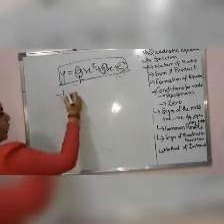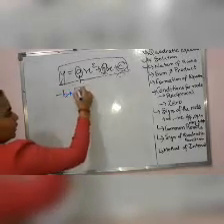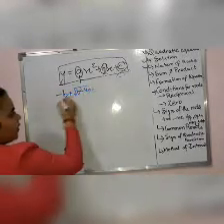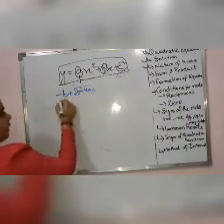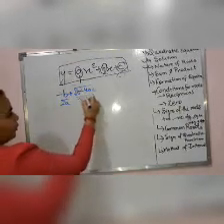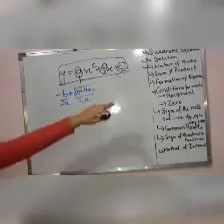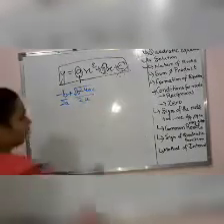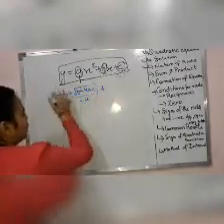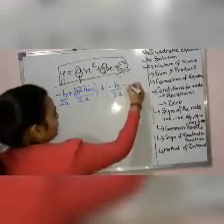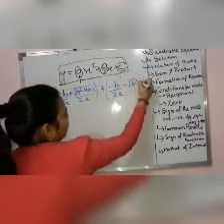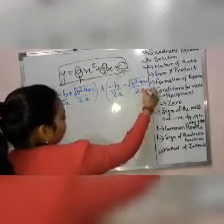Let us see what will happen. One root was minus b plus under root of b square minus 4ac upon 2a. Can I write it separately? Over here I can write upon 2a, here also upon 2a. Sum I am calculating, the summation of both the roots. Another root will be minus b upon 2a minus under root of b square minus 4ac upon 2a.